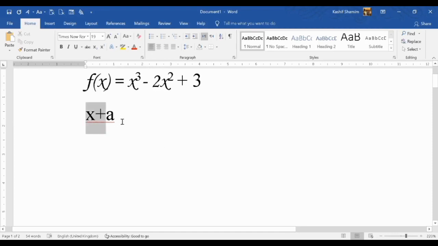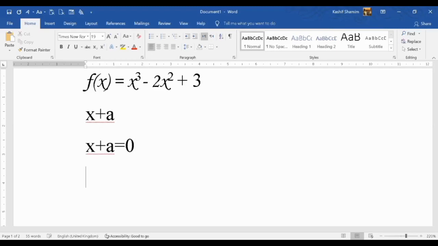So when I say that x plus a is my factor, I equate my factor to 0, which means that x plus a is equal to 0, and hence x becomes negative a. So my factor is negative a. I'm going to put negative a in place of x because x is equal to negative a. So I replace my x with negative a, and the answer I will get would be 0.